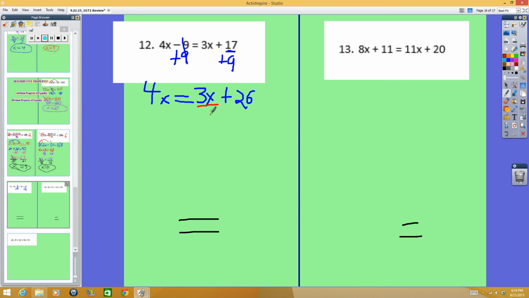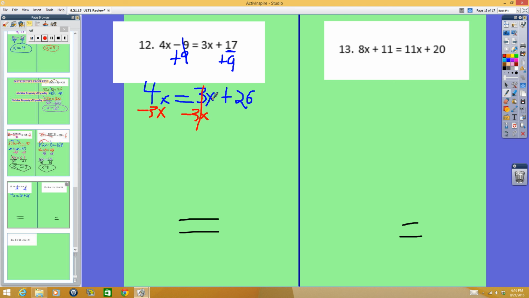Alright. I want to move the x's over here. I know some of you want to divide by 3, but you see how that makes things weird? You start doing all this crazy stuff. I want to completely take this away. Key phrase: take away, and move it to the other side. In order to do that, you've got to subtract.